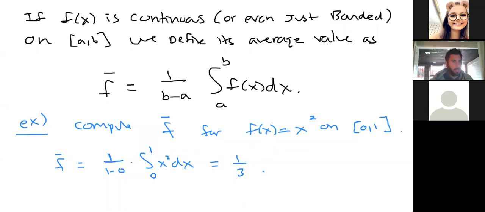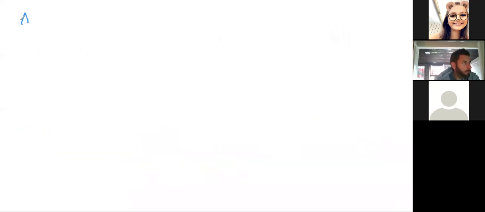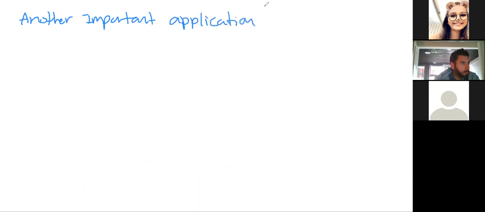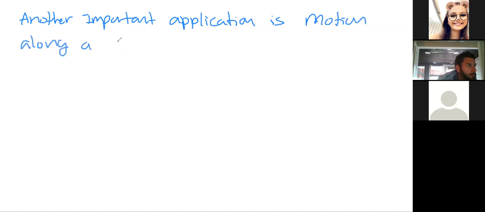Okay, so another application which we can cover briefly is motion along a line. We've already discussed this before.